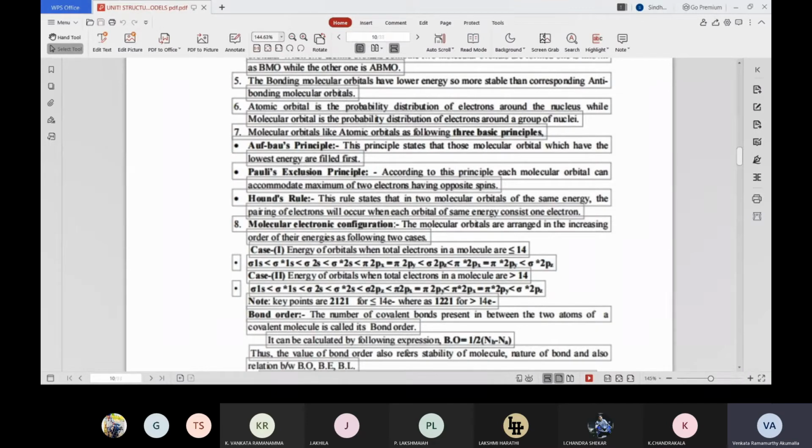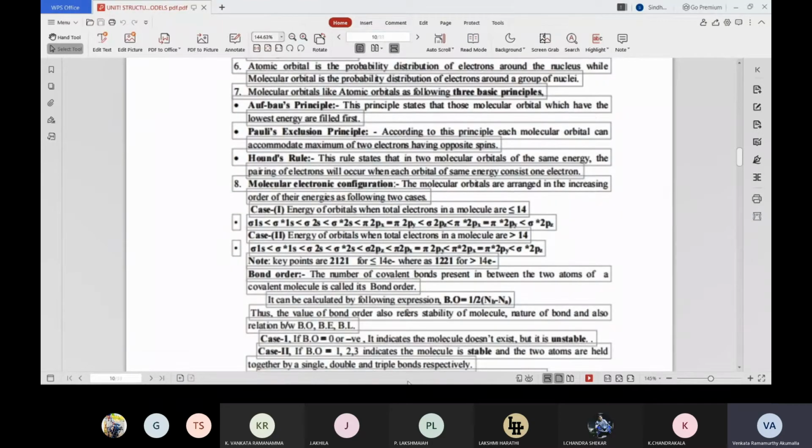Bond order is the number of covalent bonds present between the 2 atoms of a covalent molecule. The bond order equation is BO equals 1 by 2 into the number of bonding orbital electrons minus the number of anti-bonding orbital electrons.